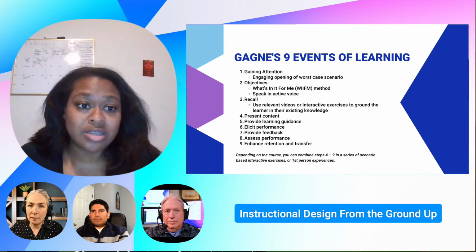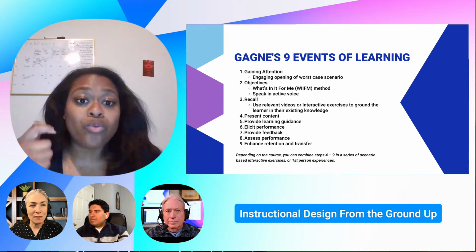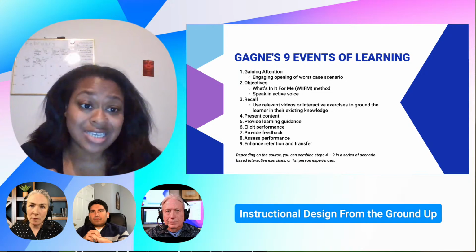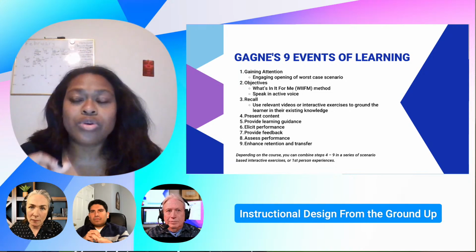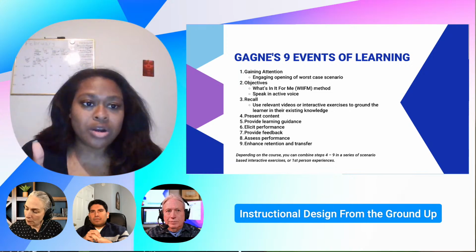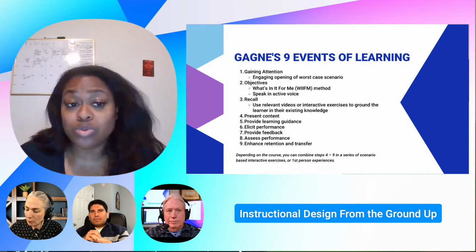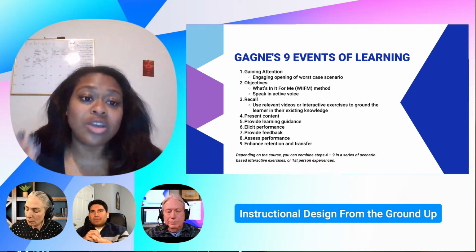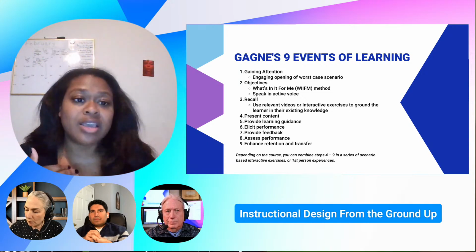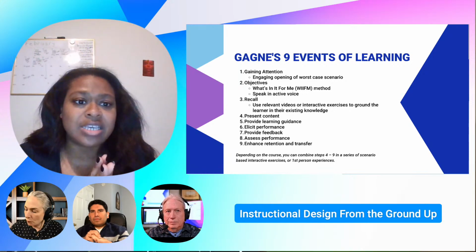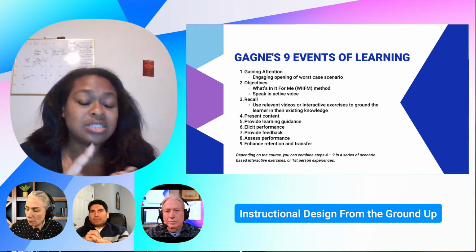So when you think about recall, you want to use scenarios that ground the realism of the content. So thinking through what your learners' experiences are prior to taking the course is really valuable. That's where the audience analysis comes in. As you're going through and applying the ADDIE model to your course design, you want to really get a sense of your audience's skill level.